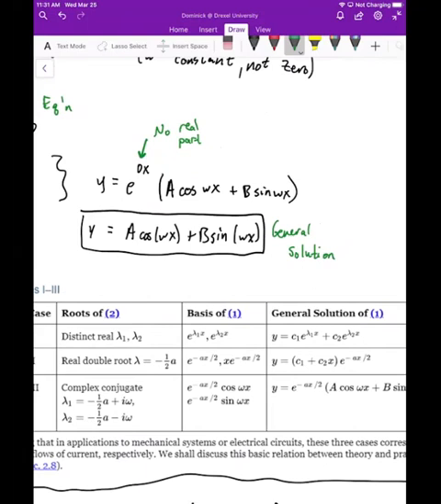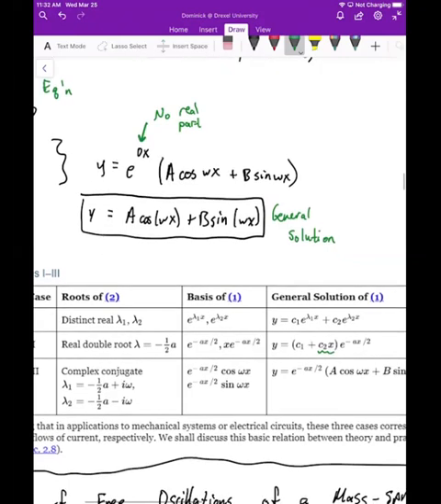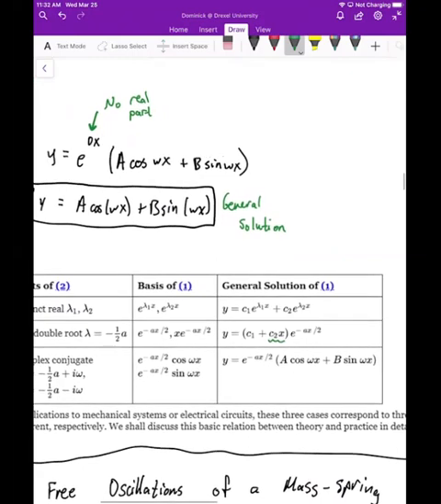For the double root case, it's a little bit more interesting, but you have the e to the double root, which is negative a over 2, and you have one multiplied by an arbitrary constant, and the other one is an arbitrary constant times x. For the complex conjugate case, what happens is that you get e to the real part times x, and then this sum of sine and cosine terms of the imaginary part.